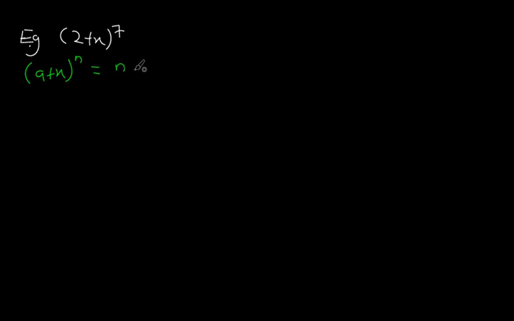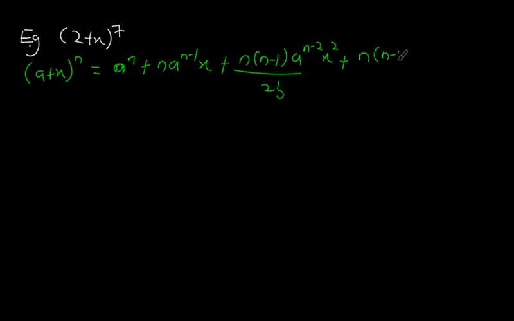So we have a power n, plus n, a power n minus 1, x, plus n, n minus 1, a power n minus 2, x squared, we divide by 2 factorial, plus then this will increase, n, n minus 1, n minus 2, a power n minus 3, x cube, all over 3 factorial, plus, and it continues that way till we end up with x to the power of 7.